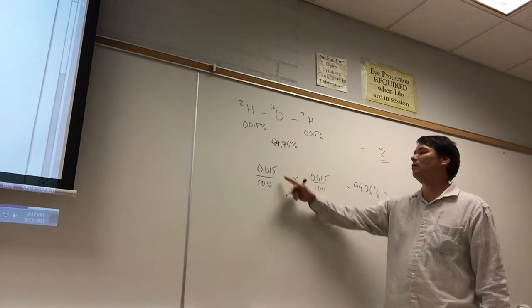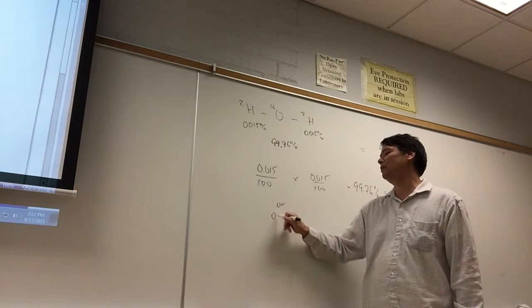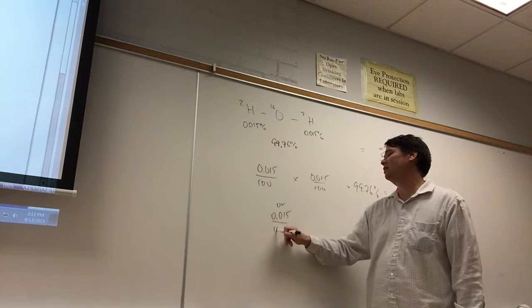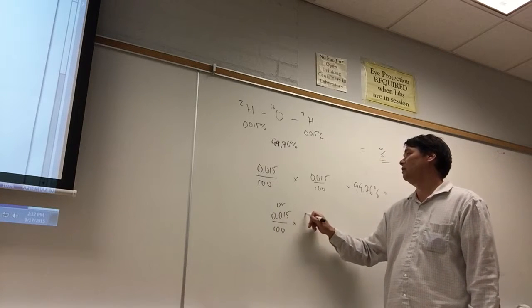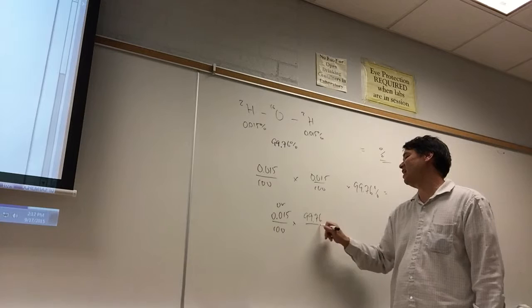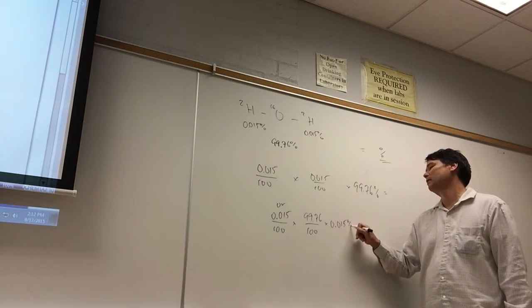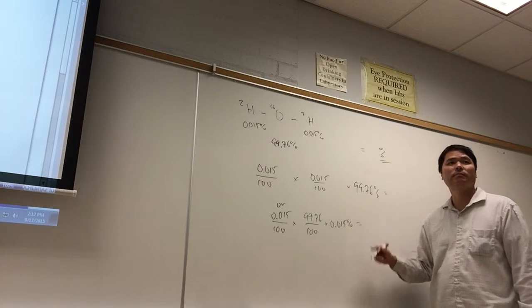I could have done it this way and I would have gotten the exact same answer: 0.015 out of 100 times 99.76 out of 100 times 0.015%. This would have given me the same.